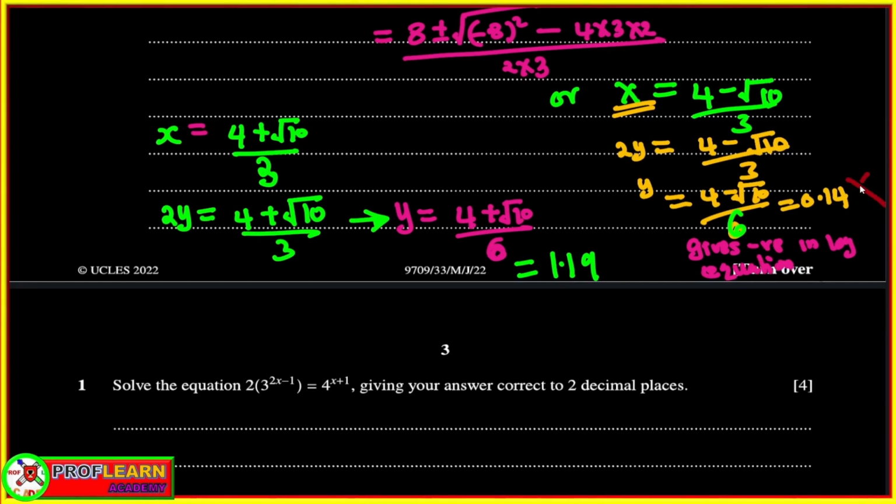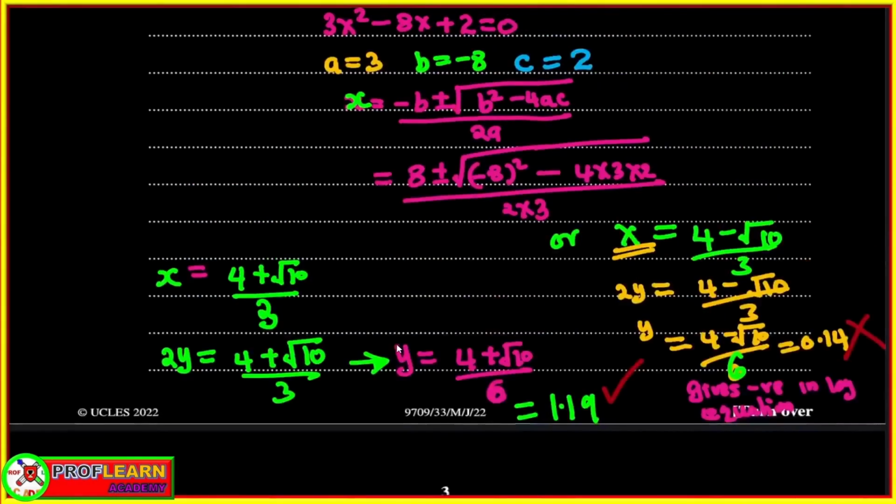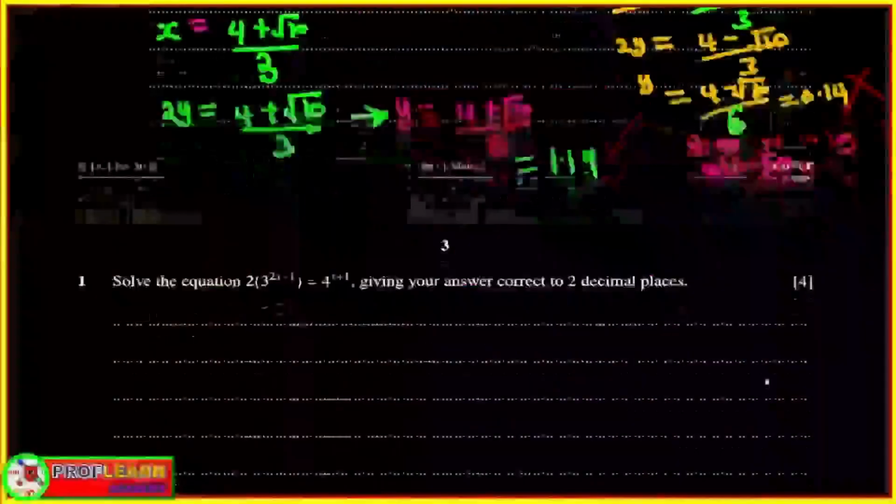And remember, there is no log for negative numbers. So anytime you get a log of a negative, we say there is no solution. We cannot proceed. Our answer is 1.19 only. All right.